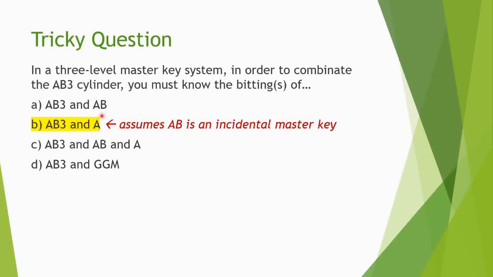That's probably the answer they were looking for, but this assumes that AB is an incidental master key. 99 times out of 100, that's how we choose our masters underneath a grandmaster, is that AB would be an incidental master key. But the question didn't say that it is an incidental master key. You could find out whether AB is an incidental master key, and then if the answer is yes, you could ignore its bidding while writing the pinning chart. But how will you know whether it's an incidental master key if you don't know the bidding?